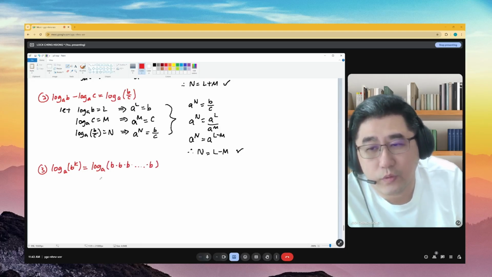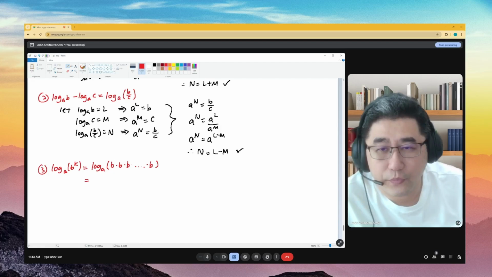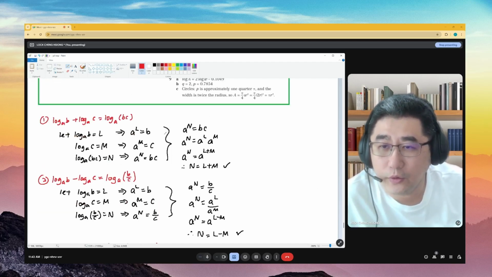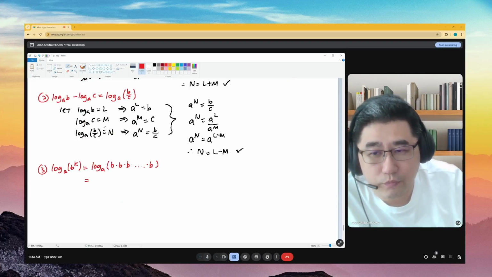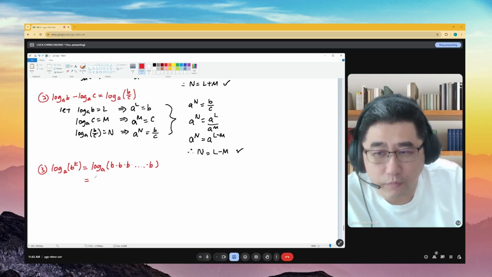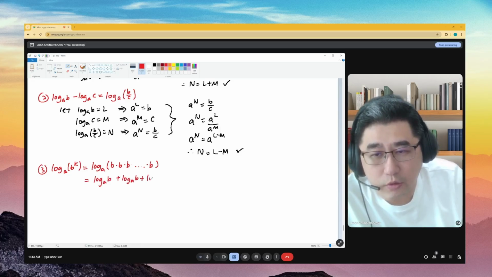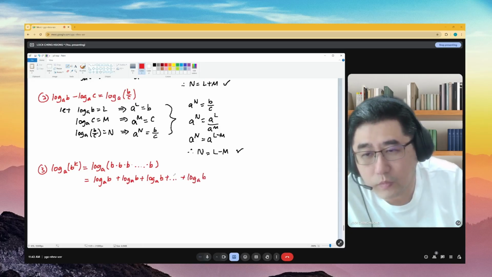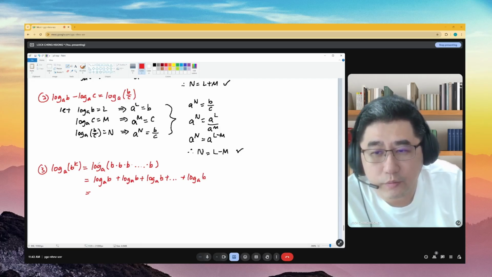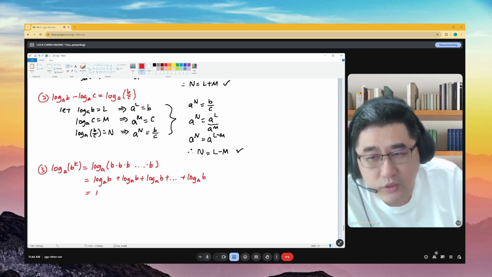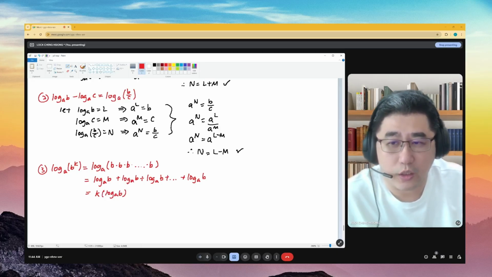According to rule 1 earlier, when two things are multiplied together, you can write it in the form of plus. Therefore, you can write log_a b plus log_a b plus log_a b all the way to the last one, log_a b. By counting how many b's you have, you will see that you have k times log_a b. You can see the rule is true.